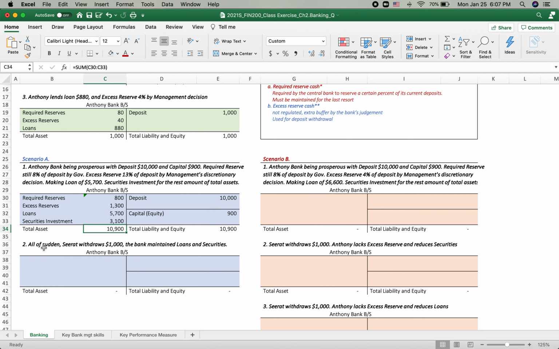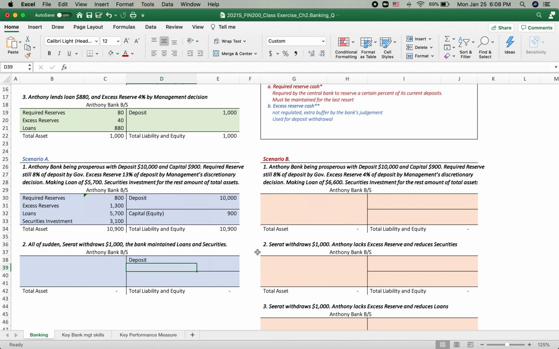Okay, it is a subsequent event. Number 2, all of a sudden, CRED now decided to withdraw $1,000 from the Anthony Bank. The bank maintained the loans and securities. That means the Anthony Bank responded to this $1,000 withdrawal from the excess reserve of 1,300. That is enough money. So let's always start from the liability.